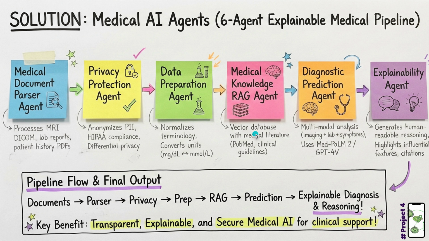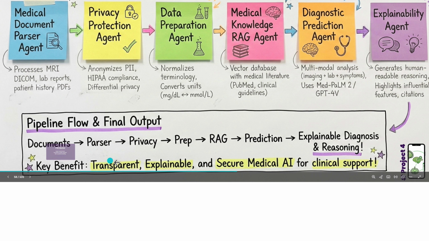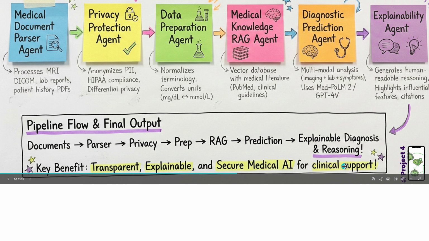Then we need a vector database of medical literature. PubMed is one of the famous ones. Then diagnostics and predictions. And here we need multimodal reasoning: imaging, labs, symptoms. And also we can use specialized LLMs here. After that, we can use explainability agents that generate human-readable reasoning. The key benefits are that it's very transparent and explainable, and is safe for medical staff to use.